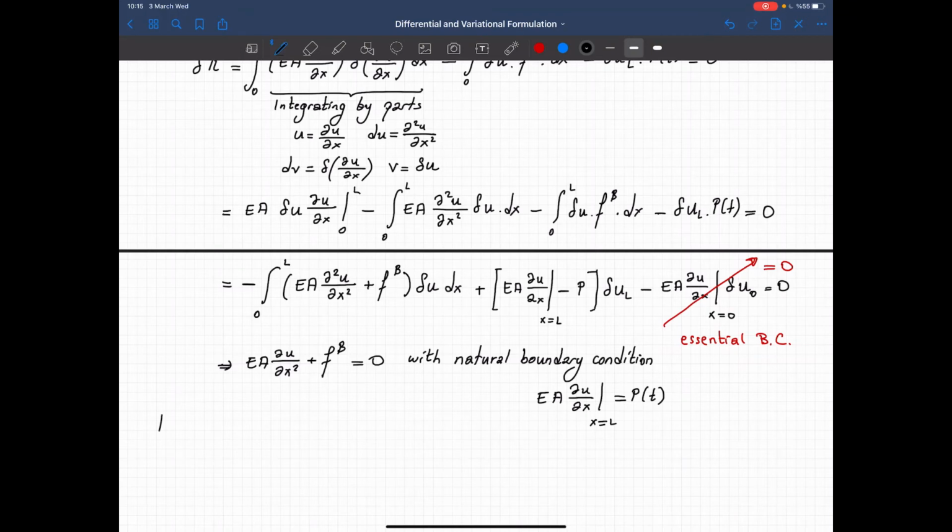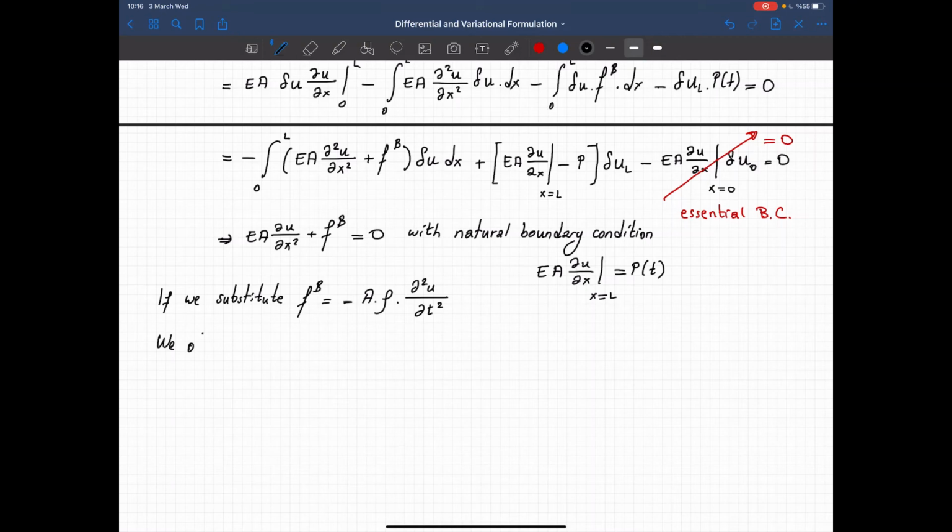Okay, so if we substitute the body force as minus area times mass density times ∂²u/∂t², we obtain the wave equation, which is ∂²u/∂x² equal to 1 over c² times ∂²u/∂t², and c is equal to the square root of E over rho.